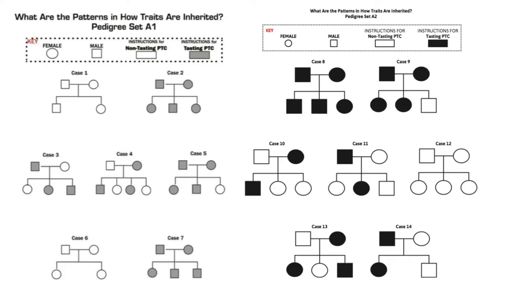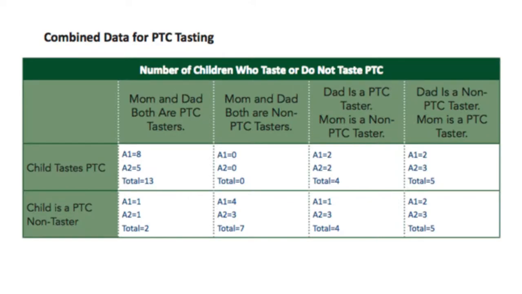We have pedigree sets A1 and A2, which we looked at in lesson 3. And this is for PTC tasting. The shaded areas are PTC tasters, and then all other ones, non-shaded, are non-PTC tasters. When we gathered our group data, we came up with a certain number, and then we combined that with other people in the class to get our combined data for PTC tasting.